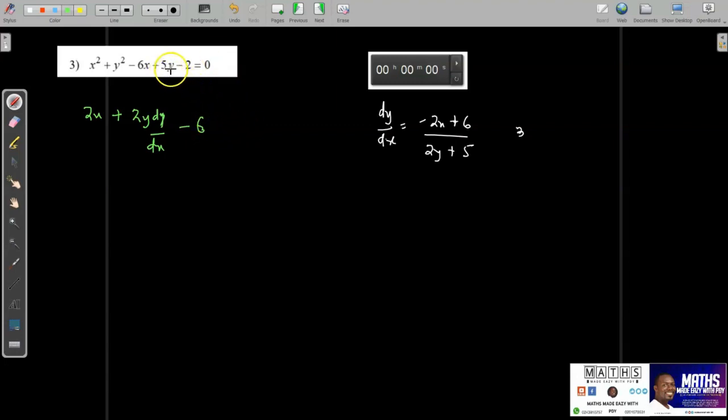When you differentiate 5y, remember it is 5y, so you end up getting 5 dy dx. Then you differentiate minus 2, you end up getting 0. You differentiate 0, you still have 0. Please, are we all clear with this?